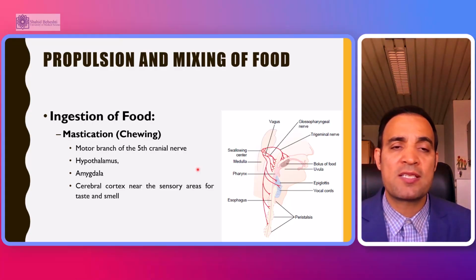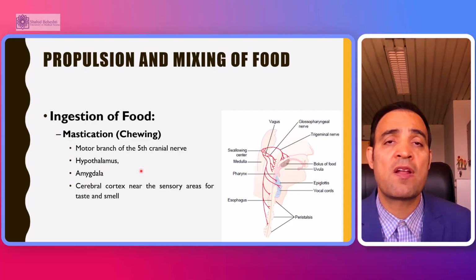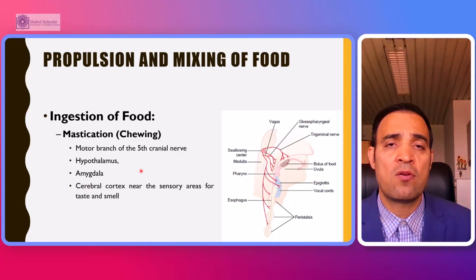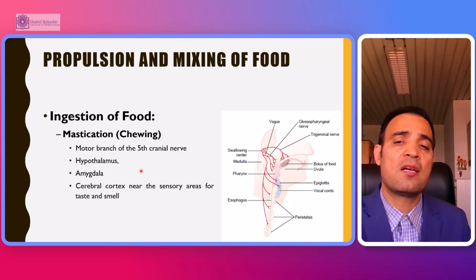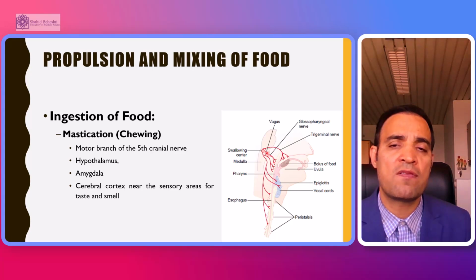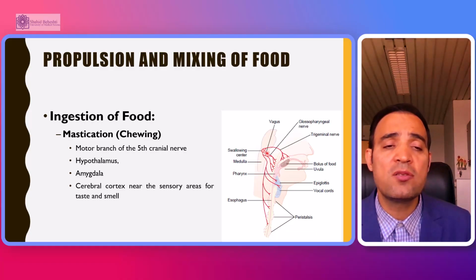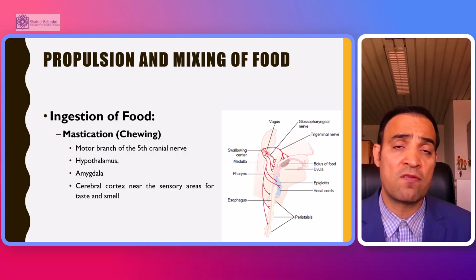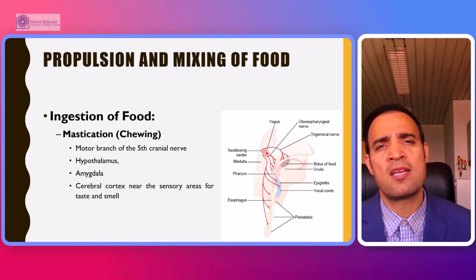And in this process, as you can see, the motor branch of cranial nerve number 5 or trigeminal nerve is involved. This trigeminal nerve is under the control of several other nuclei in the brain, particularly those nuclei that are involved in the food intake and control of food intake.